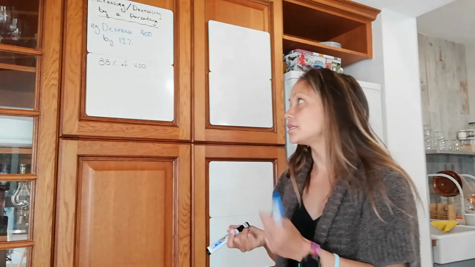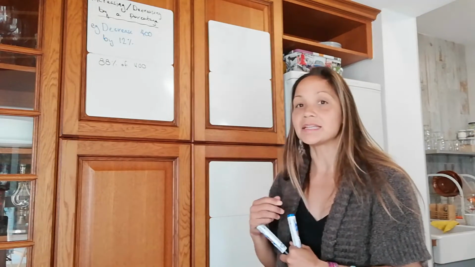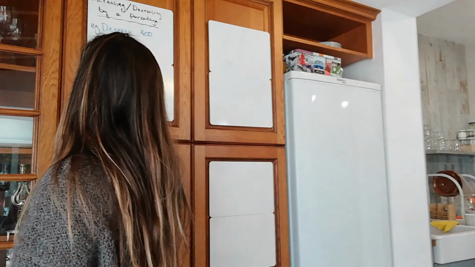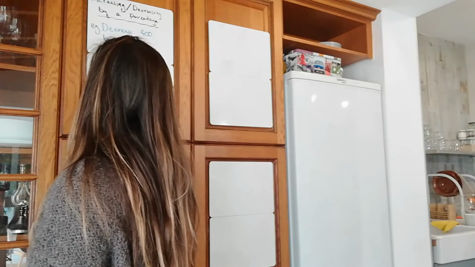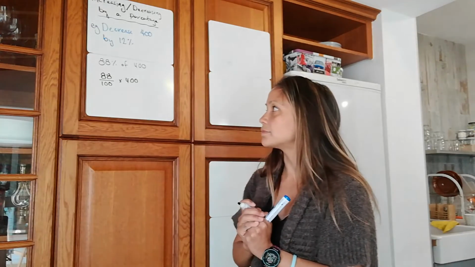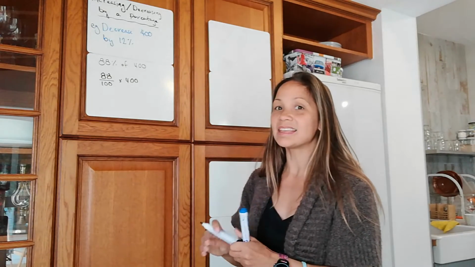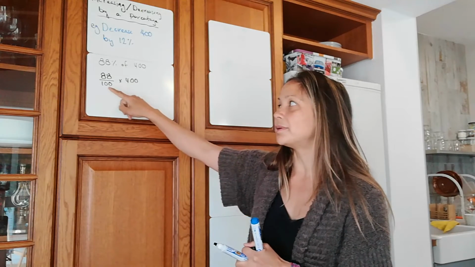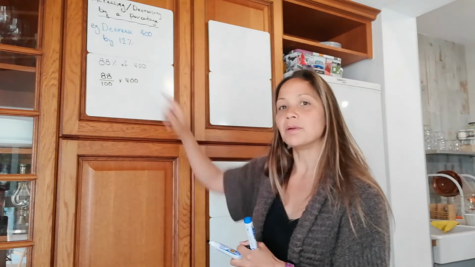And again, to find a percentage of an amount, we're going to write that percentage as a fraction over 100 and multiply by that fraction. So 88 over 100 multiplied by 400. Again, I think it's going to be easier for me to do the division first. I'll do 400 divided by the bottom, and then I'll multiply by what's left over on the top.